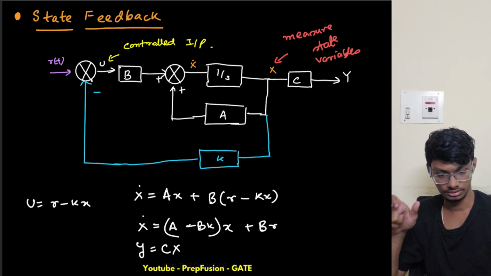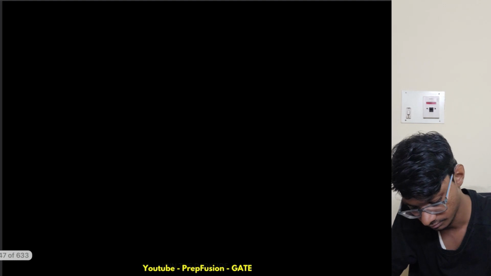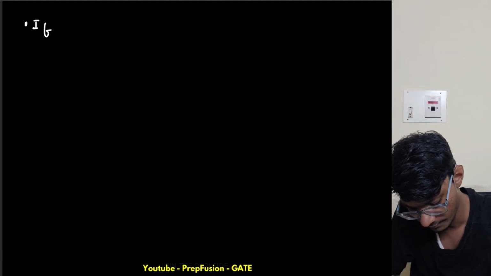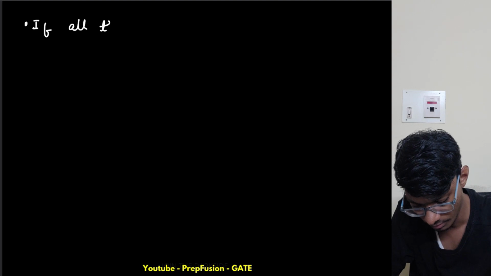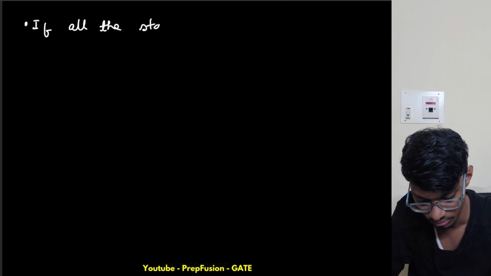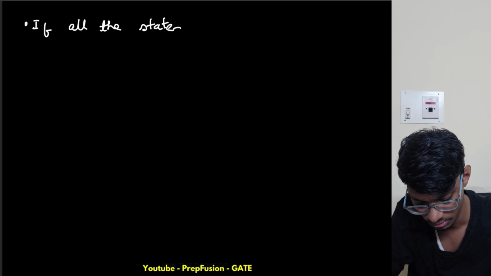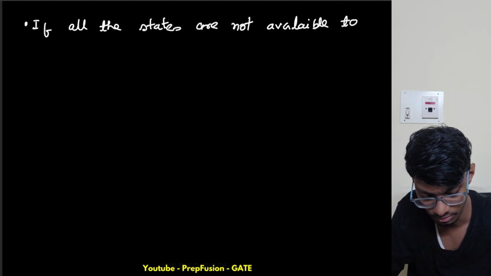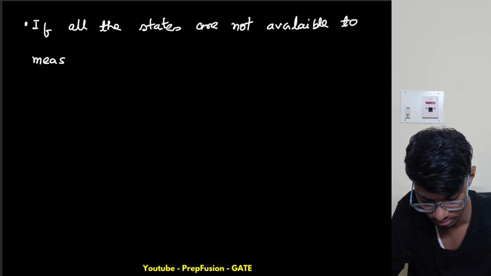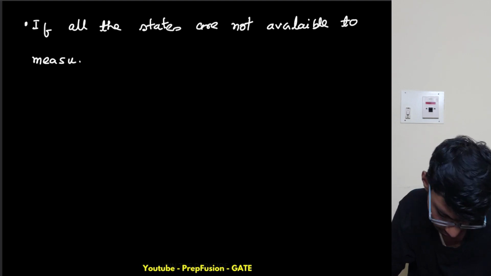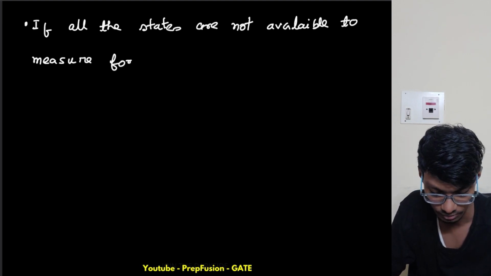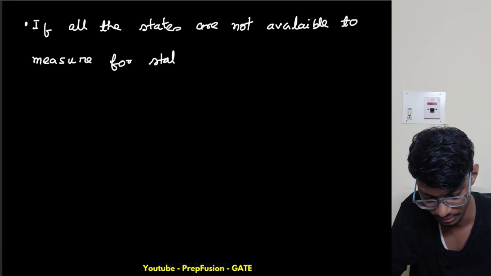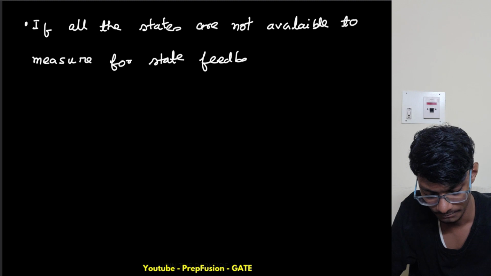So if all the states are not available to measure for state feedback, then my system won't be controllable.